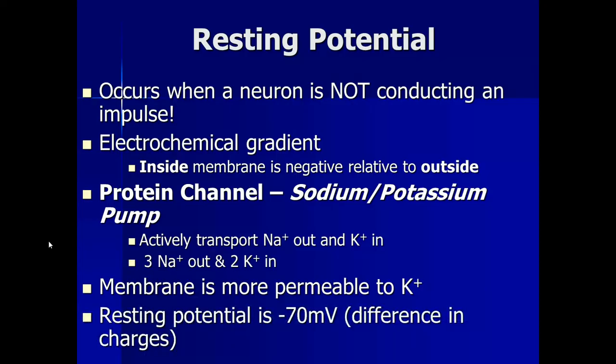Resting membrane potential is negative 70, and that results in the difference between the outside and the inside of the cell. So all the important information is on here, resting membrane potential. And we conclude this screencast.